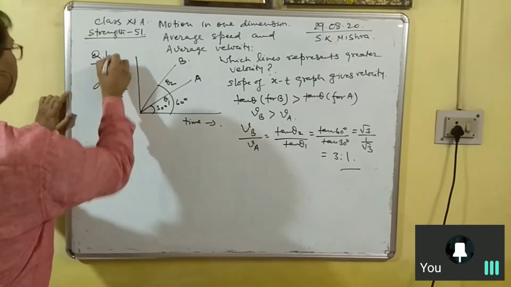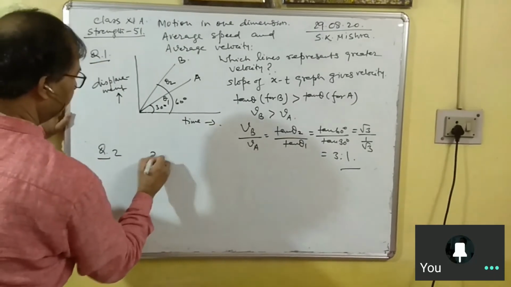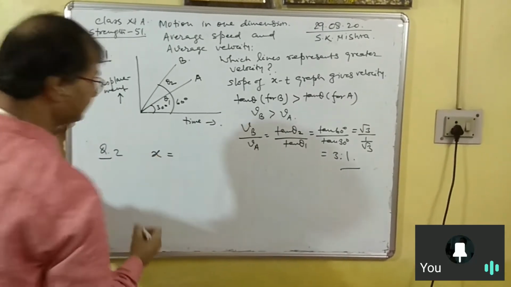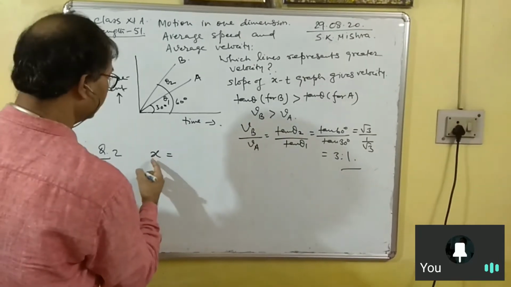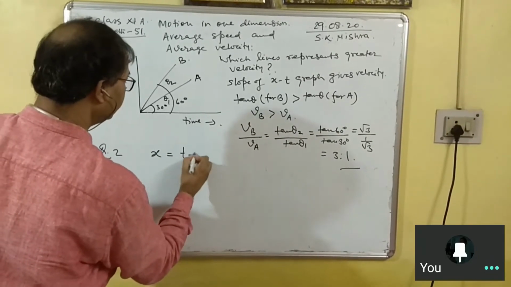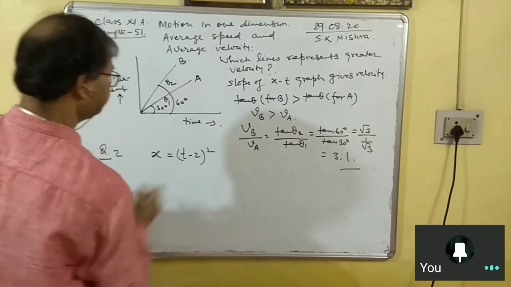Number 2. If a displacement versus time relation is given to you, suppose x is equal to (t minus 2) whole square.